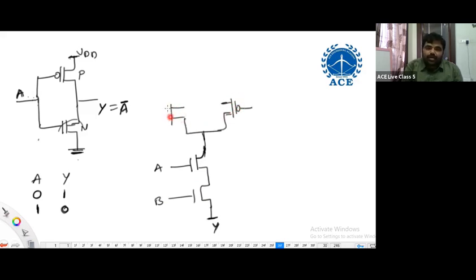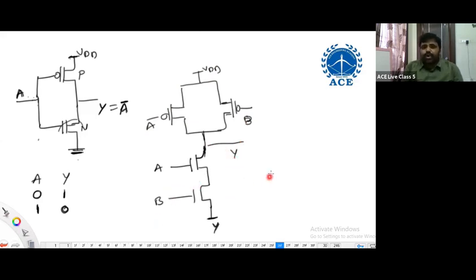To get the complementary function, those two transistors must be in parallel. It is VDD. If I say it is A, it is B, then check what we get here.